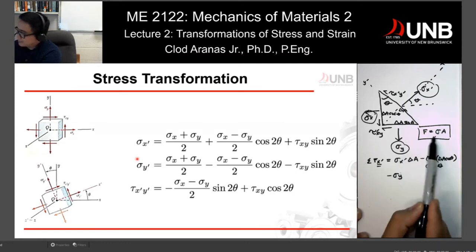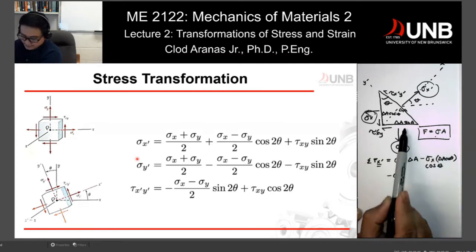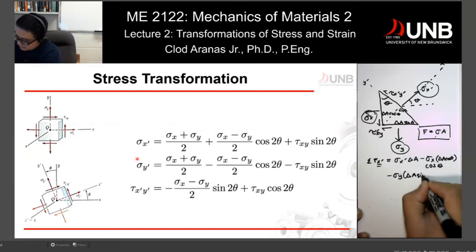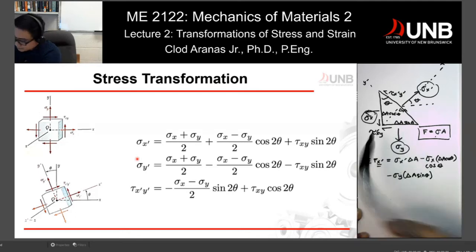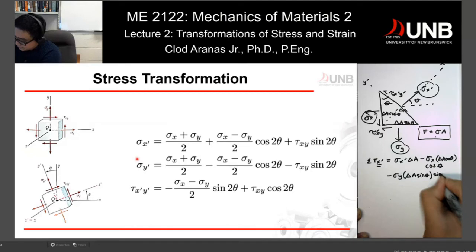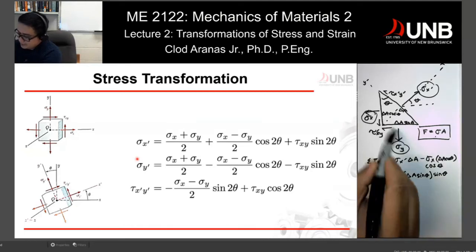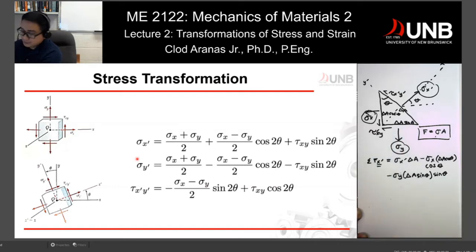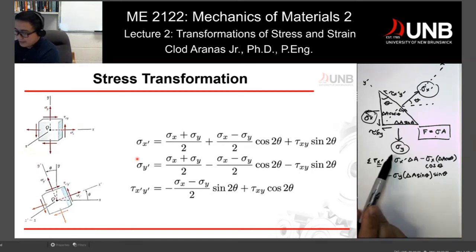To take my forces, I need to multiply it by this area, delta A sine theta. You resolve it to this side right here, which makes it sine. Don't worry about derivation, there's no derivation in your exam, but I want you to see that those equations make sense, and you should know how those equations were derived. So that's sine theta, and that's your sigma y.